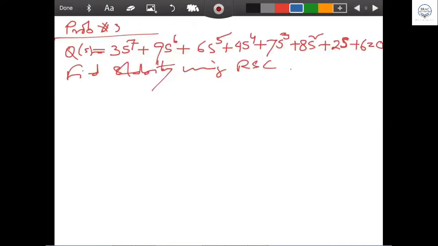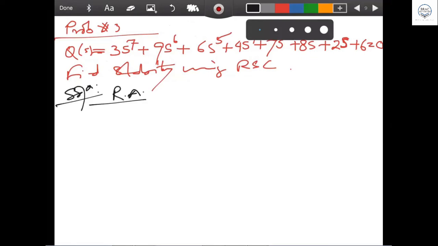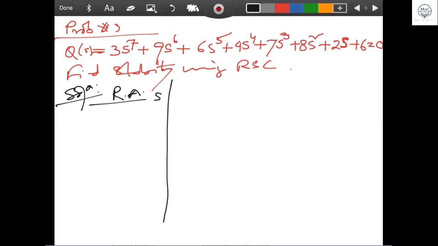Okay, anybody could do it? Straight away, you need to know how to do the calculation. How fast you can do the calculation, that will be reflected here. It will start from s^7, 6.